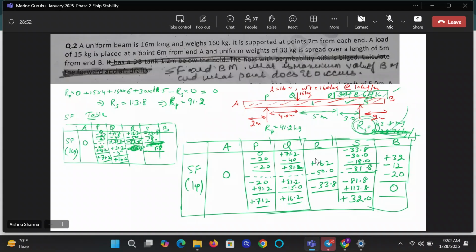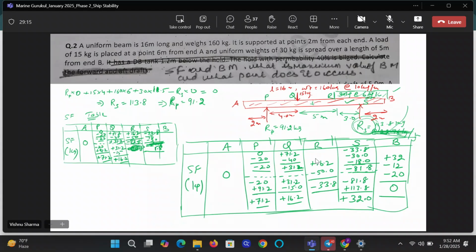Guys, in all the questions that we have done until now, the beam was supported at minimum 2 points, correct? Maybe more than 2 points. In some cases, it was completely resting on a plane surface, which means it was supported all along the length.